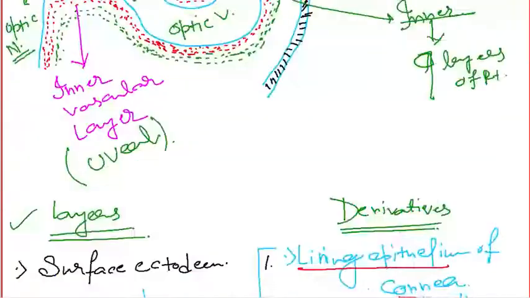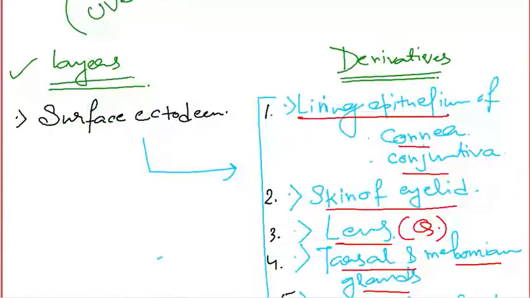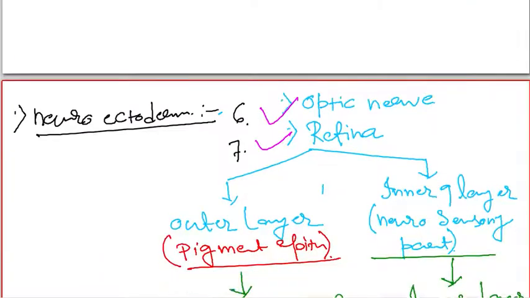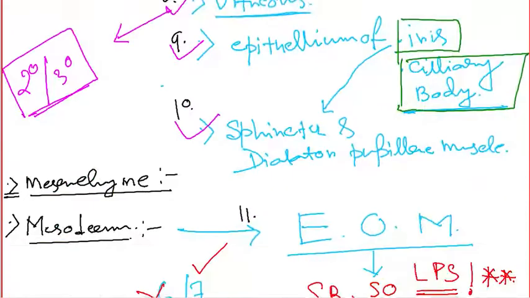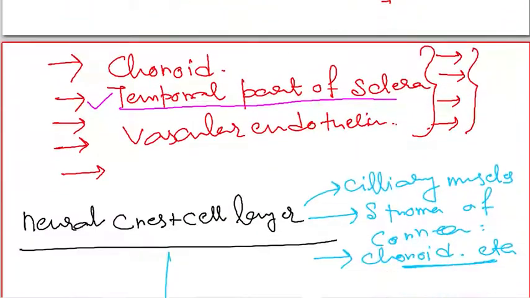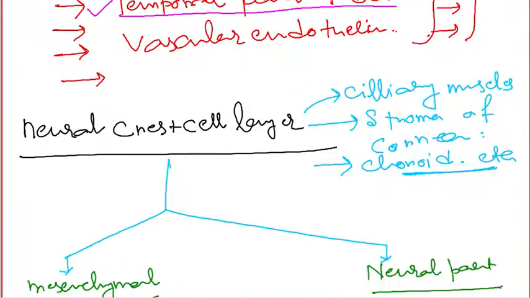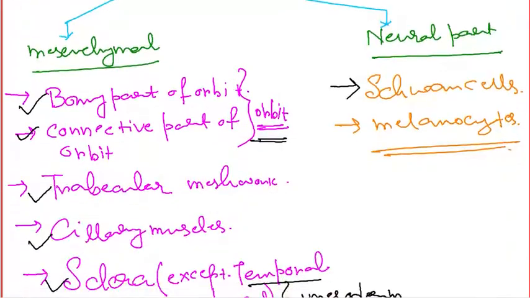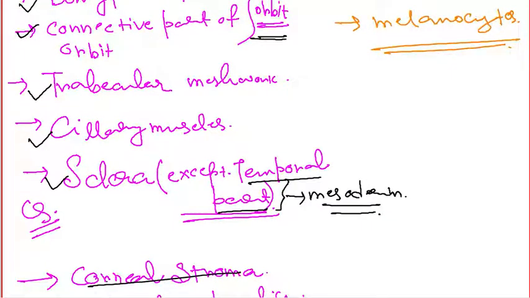First we have done the surface ectoderm, next the neuroectoderm, and then the mesenchymal part, that is mesoderm and neural crest cell layer. Okay, so we'll go to a clinical part now, that is called coloboma.